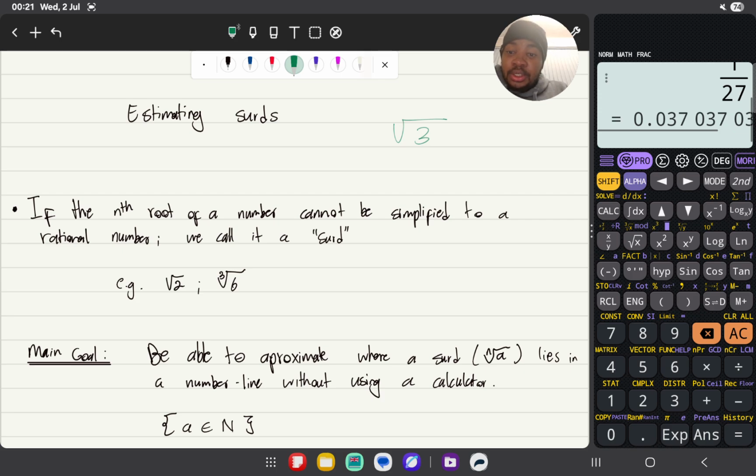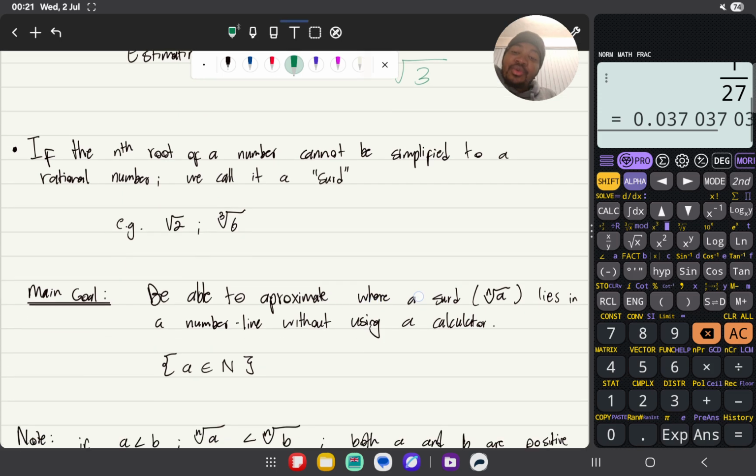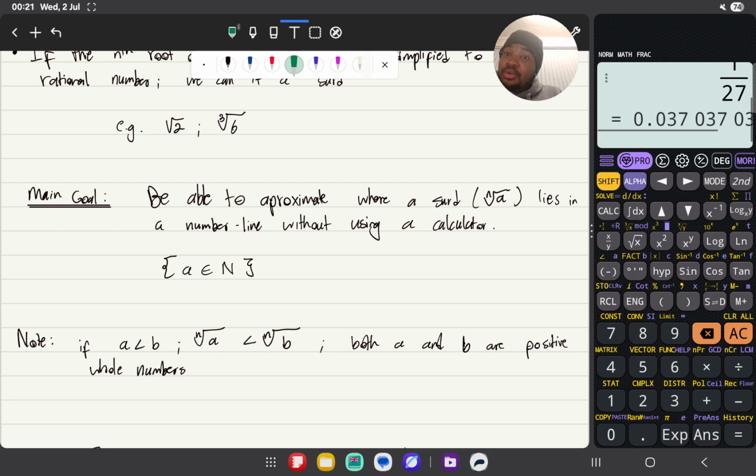Cool. So let's see what we have. I made some examples there with the square root of 2. The main goal for this video is so that you are able to approximate surds without actually using a calculator. Say you have a particular surd and you're trying to approximate on your number line where it will be.